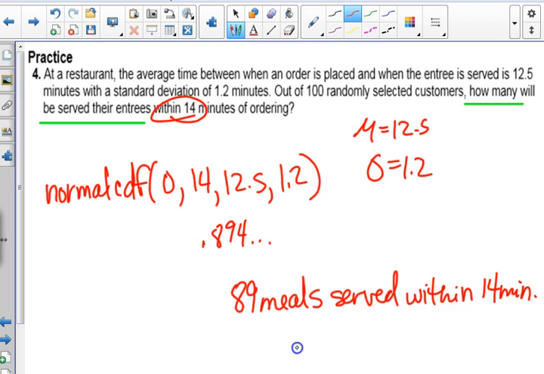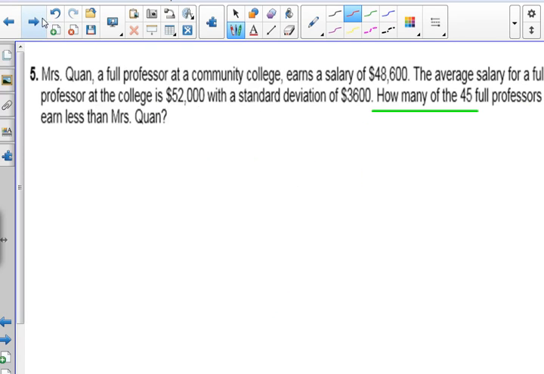Everybody okay? Now, some teachers would say you shouldn't use 0 here. You should use whatever, 4 standard deviations or 3 standard deviations. Doesn't matter. The same answer. Did you have a question?